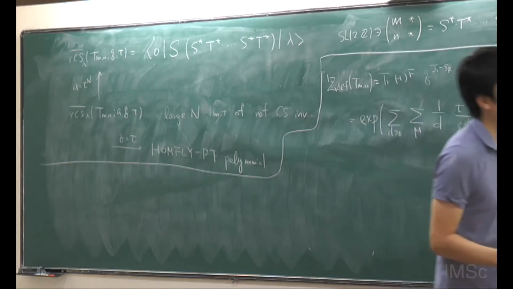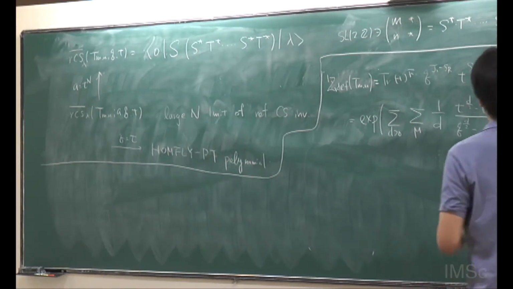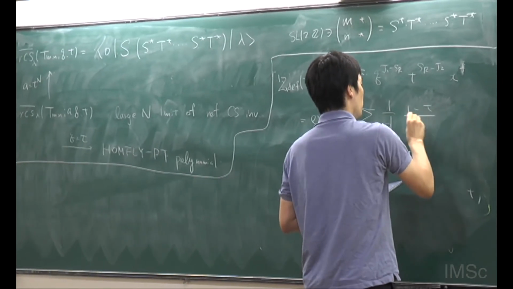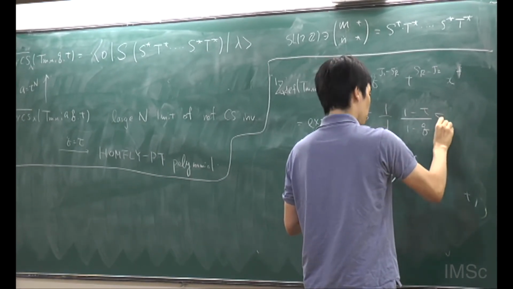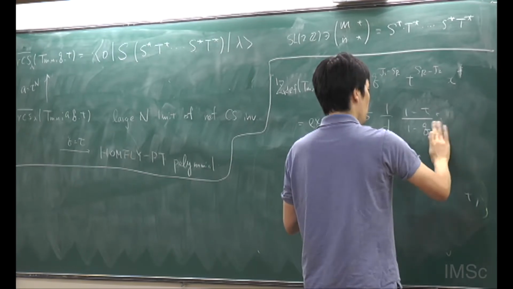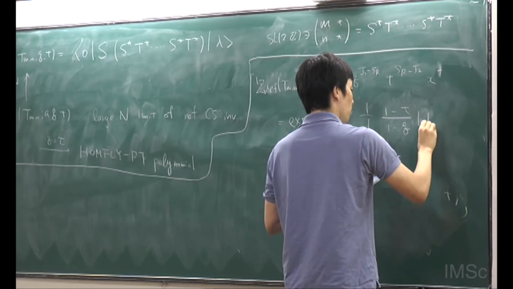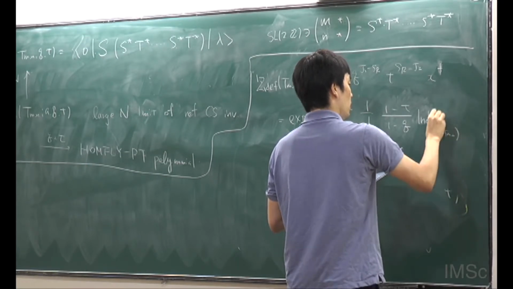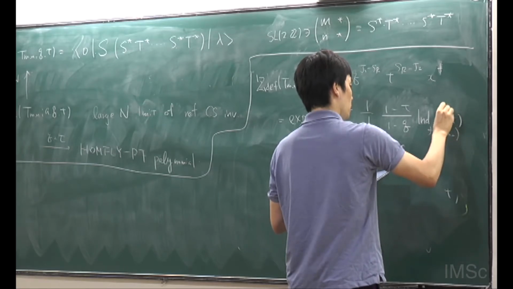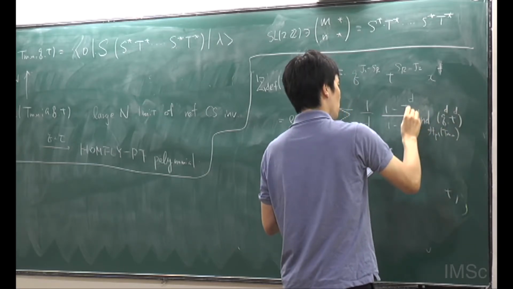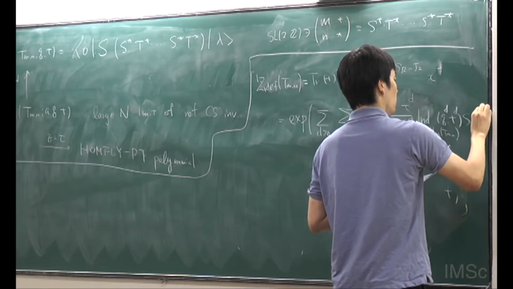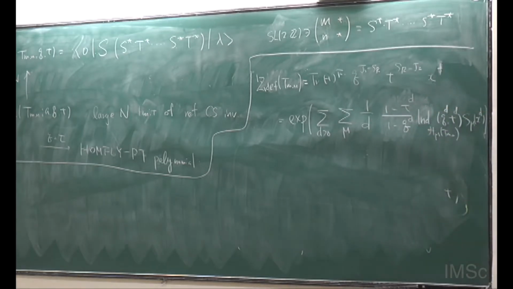I just changed the notation, I think I should use the same notation. Sum of the index of the torus knot and q and t to the d. So this is the standard form of index.